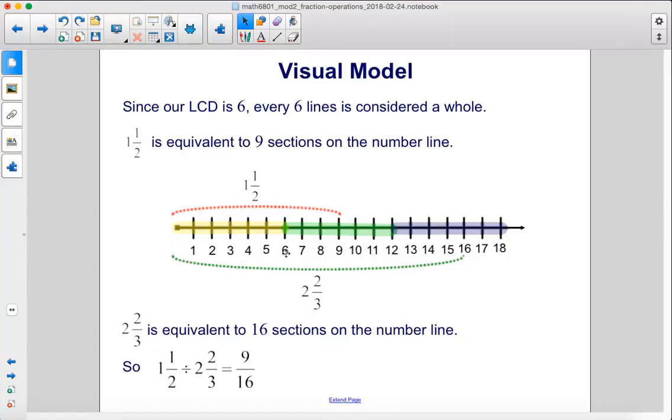So we have 6 out of 6, and then we have another 6 out of 6, and then we have 1, 2, 3, 4 out of 6 left here at the end. So 1½ divided by 2 2/3 equals 9 divided by 16, because 9 sections divided by 16 sections.